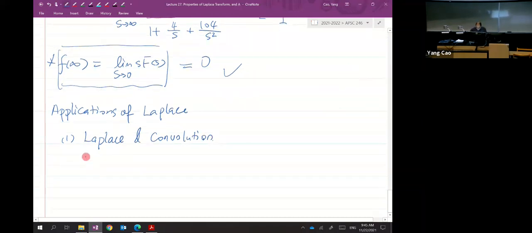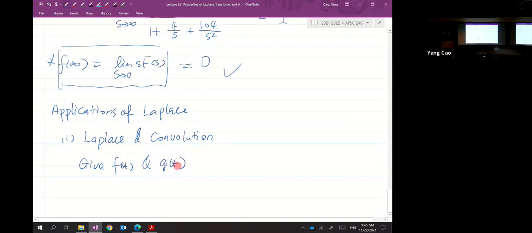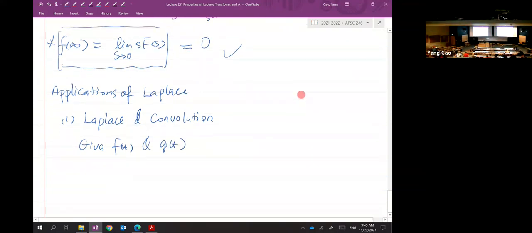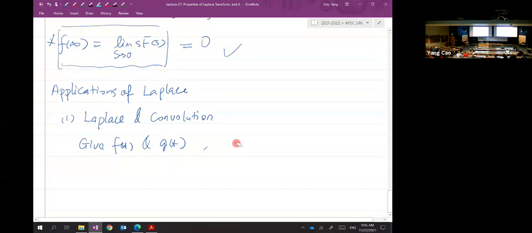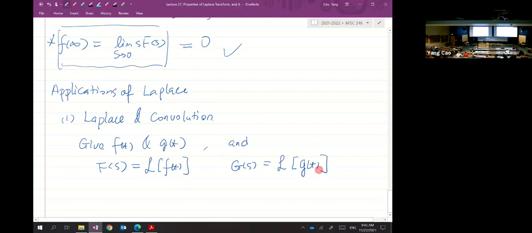If you recall, convolution is, if you have two functions, f of t and g of t, and let's assume that f of t's Laplace is capital F of s, and g of t's Laplace is capital G of s.